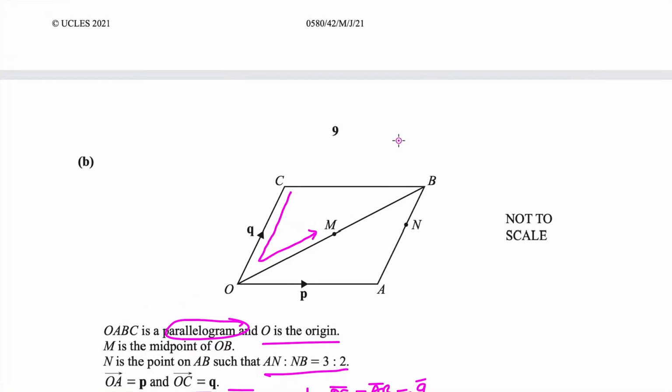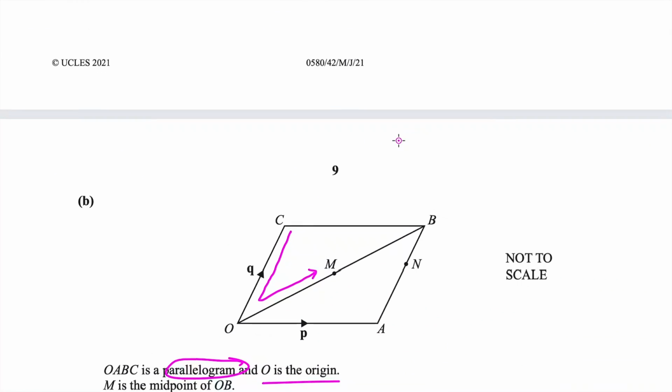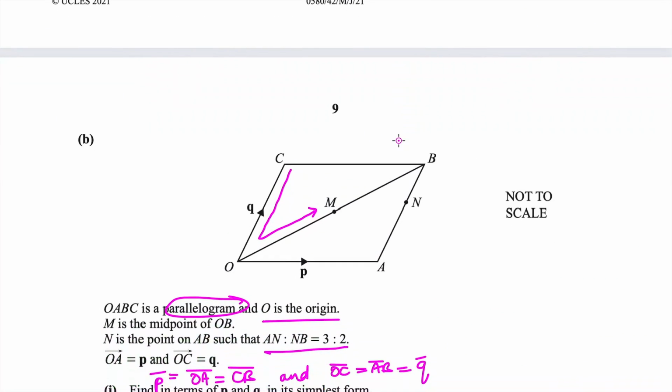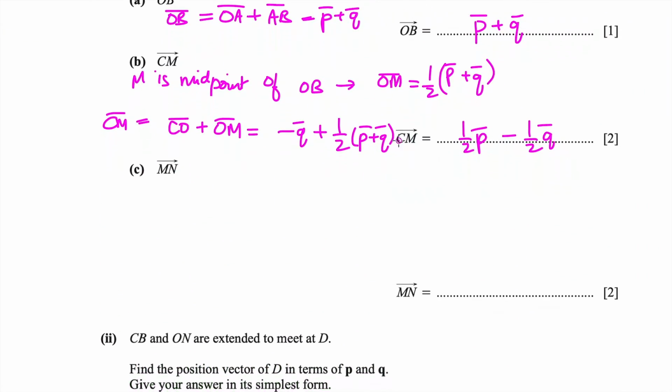So I need to go from M to N. N is a point on AB such that AN is to NB is equal to 3:2. First, let us find AN. AN is to NB is equal to 3:2.